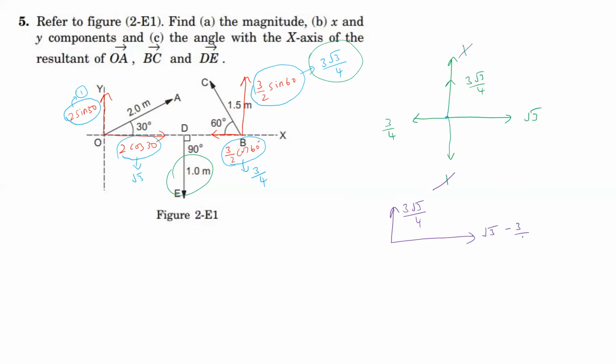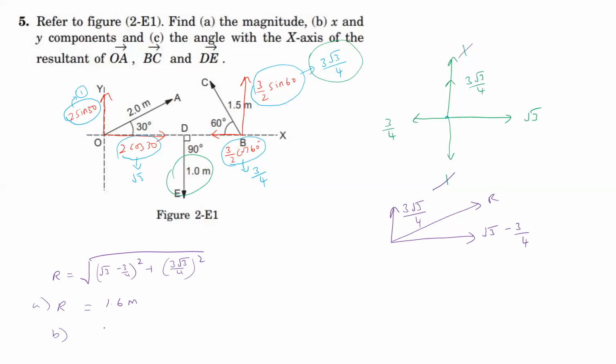For the resultant, the magnitude of the resultant is equal to the square root of the x component square plus the y component square, that is root 3 minus 3 by 4 whole square plus 3 root 3 by 4 whole square. This resultant we will get as 1.6 meter for the first one.